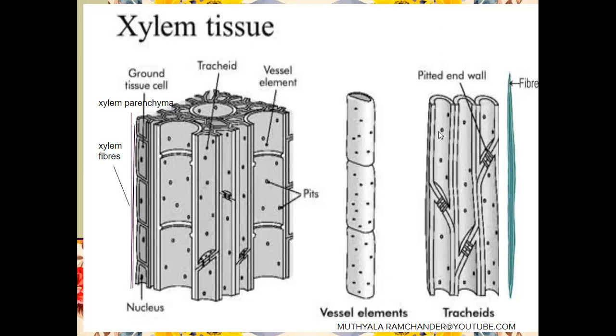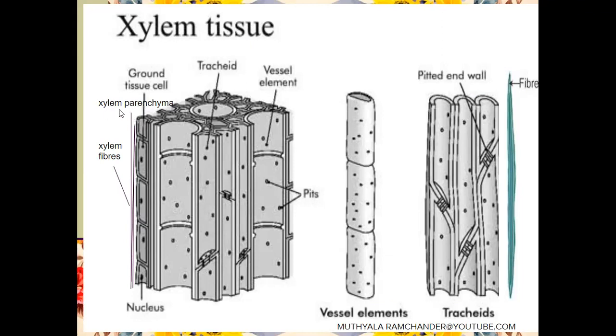Xylem vessels and xylem tracheids mainly help in conduction of water and dissolved minerals to all parts of the plant body. Outside of these tracheids and vessels, ground tissues are present. The ground tissue is called xylem parenchyma.